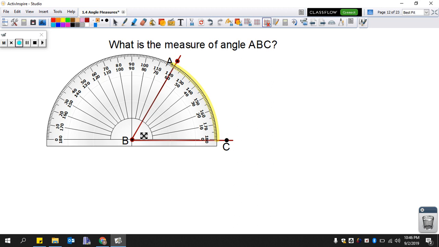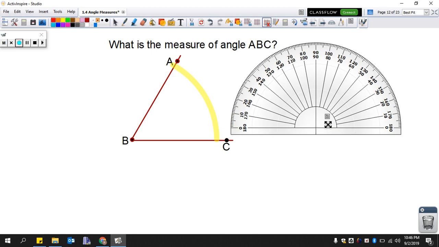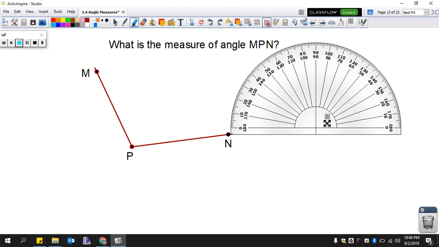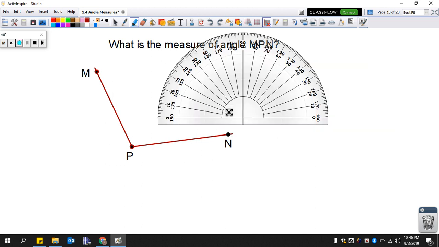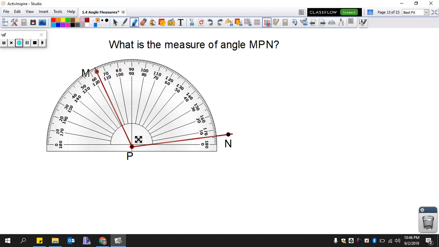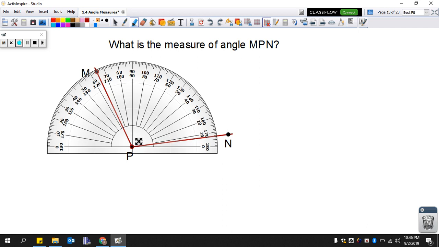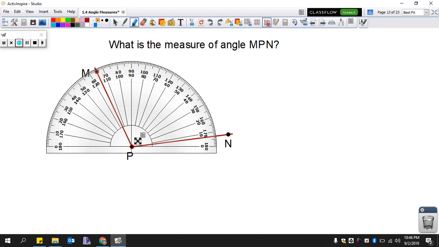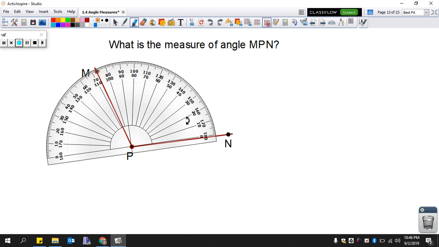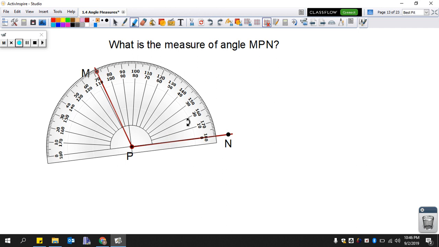All right. If we have a bigger angle, we do it the same way. We put that center point right on the vertex. We rotate it around to where the baseline is right along one of the sides of the angle.